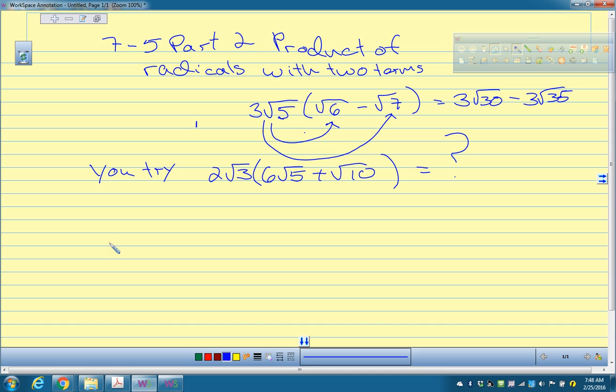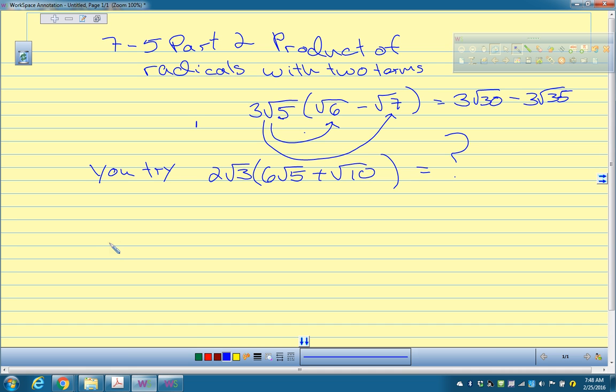Is that right? I'll tell you if it's right or not. Yes, that's right. Plus sign in between. Yes, that's right. Wait, I didn't see everyone's back there. Where's Chase's?